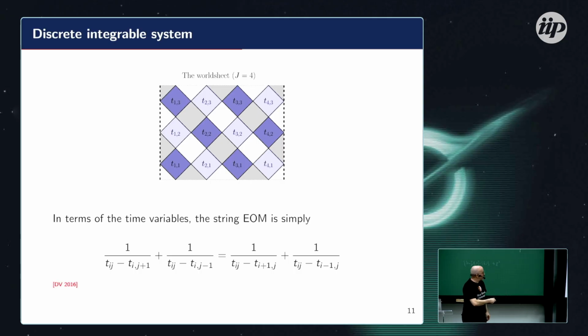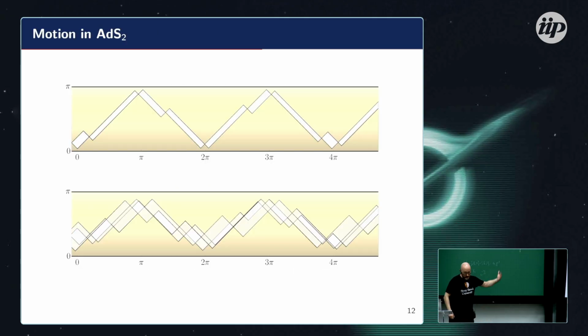This also works for segmented strings in ADS3. For some reason, these time variables are sort of x plus variables on the boundary, 2-dimensional Minkowski space. Okay, you can solve it and plot the result in ADS2. And this is a 2-particle system, so global time is towards the right.